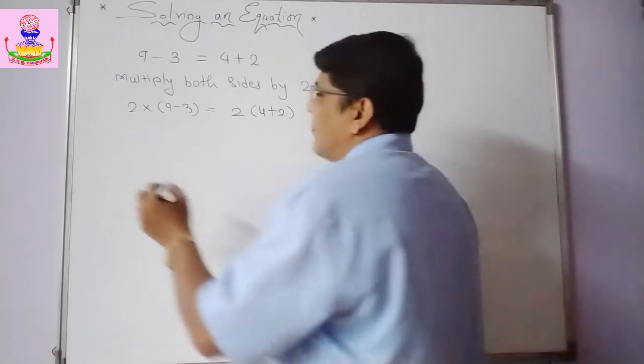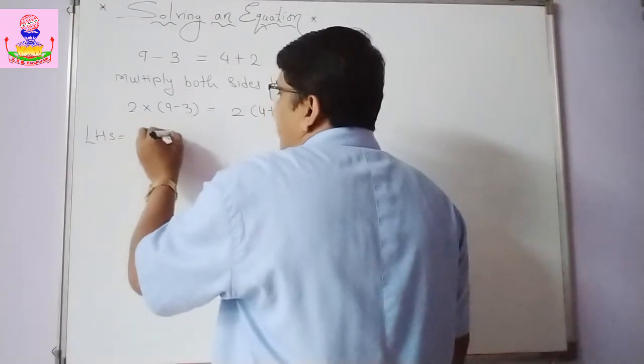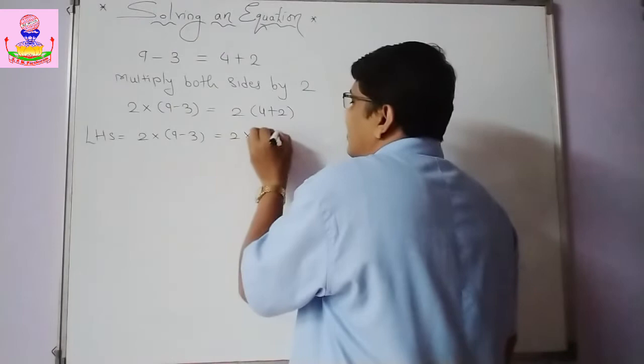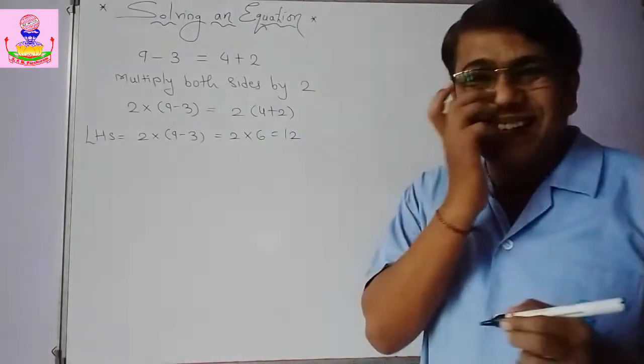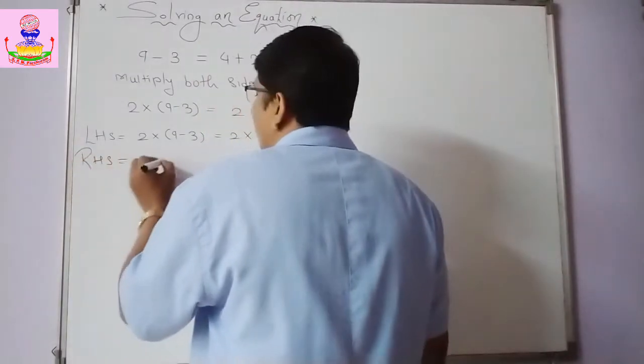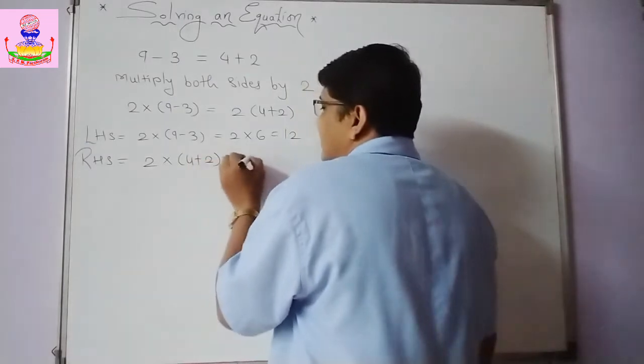Now let us see. LHS. 2 into 9 minus 3. 9 minus 3, 6. 6 2s are 12. RHS. 2 into 4 plus 2. 4 plus 2, 6.